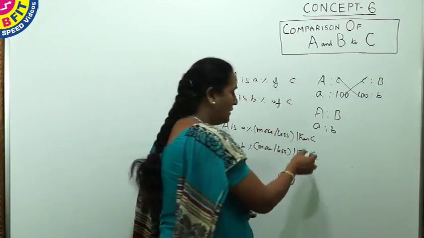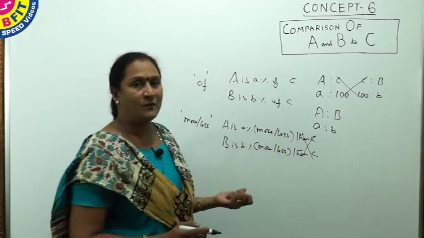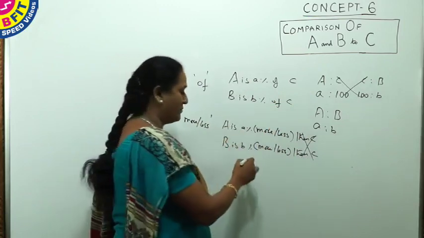So as we saw earlier, no need to consider this. So write the ratio between A and B itself with the given percentages.